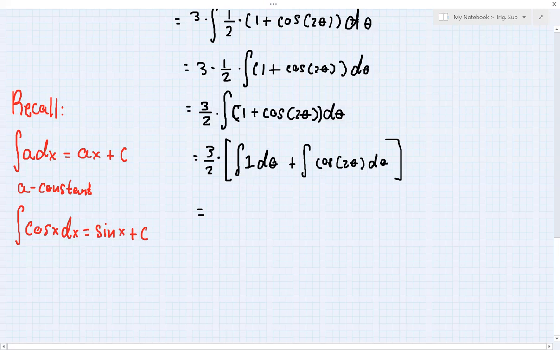So, dito si 1, anong integral ng 1? Ang integral ng 1, according nga dito sa rule of integration na pang constant term, dagdagan mo lang ng independent variable. So magiging 1 times theta. Okay?